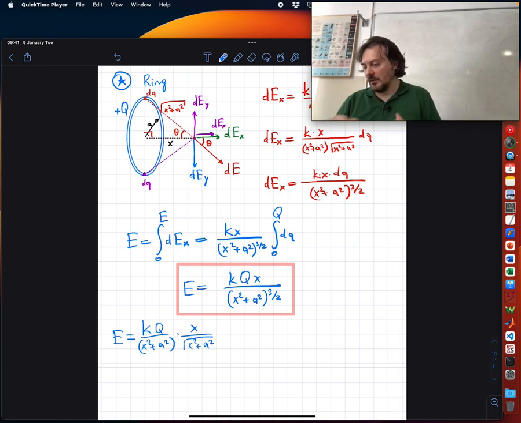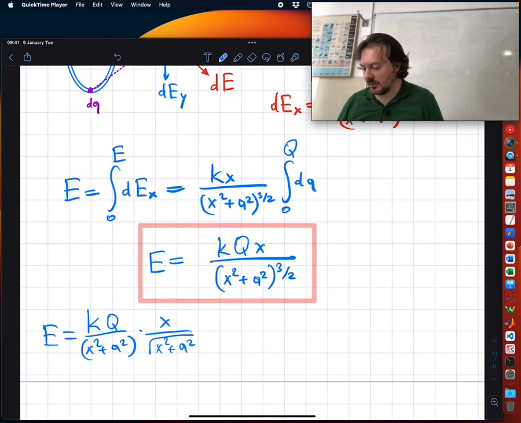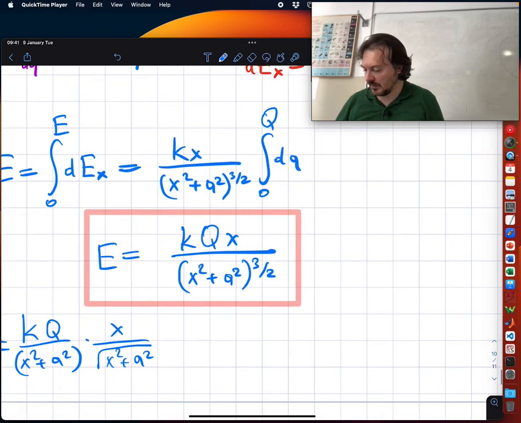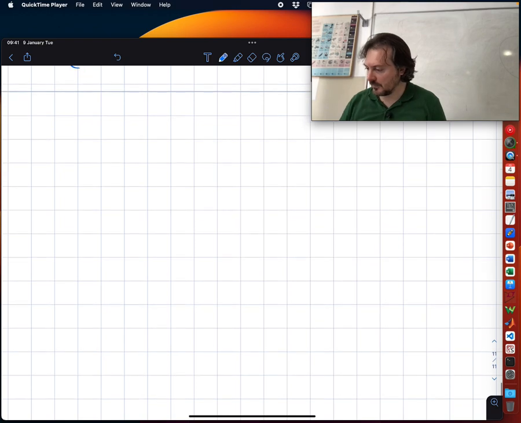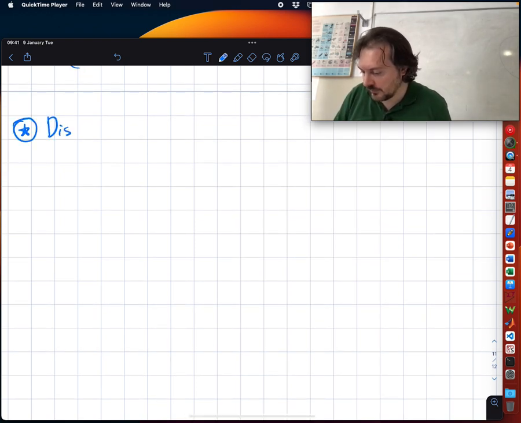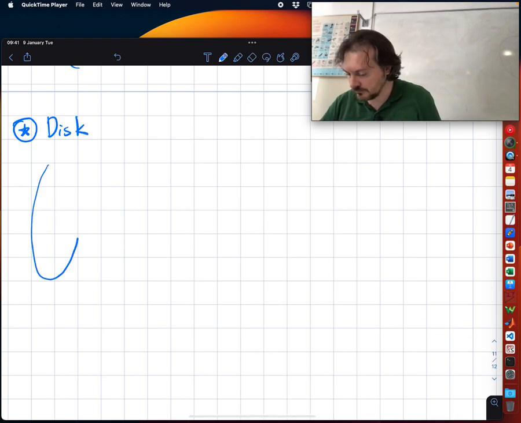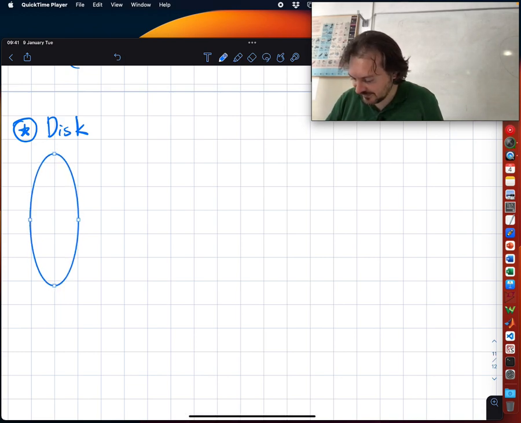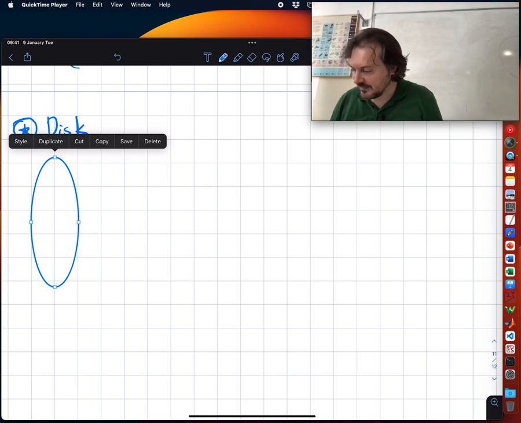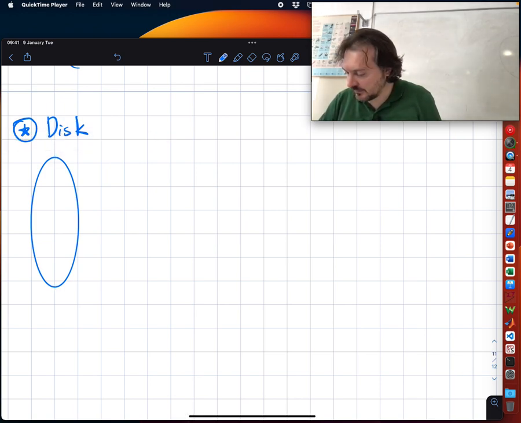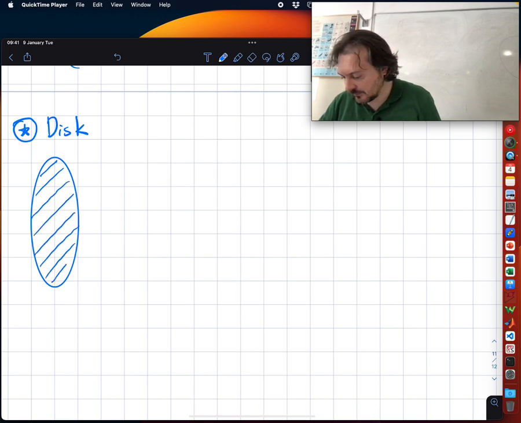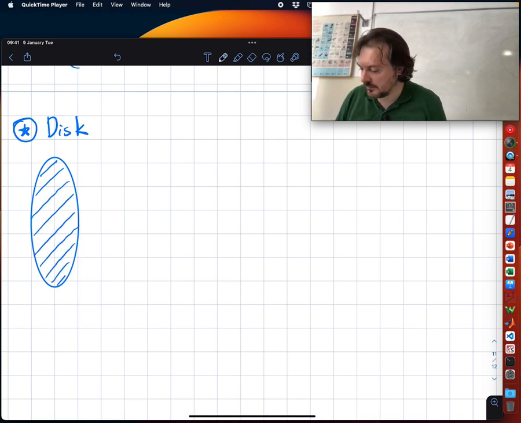For example, what about a disk? If you have a disk, here's the question: how do you find the electric field due to a disk? It's not tilted, it's like this. So for a disk, you have basically something like this.